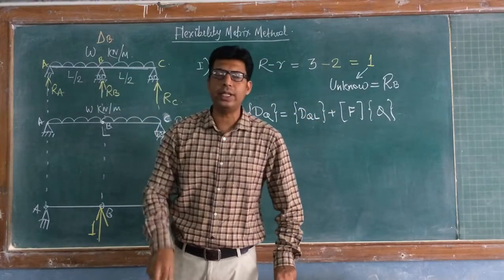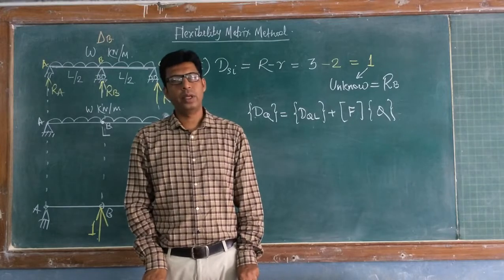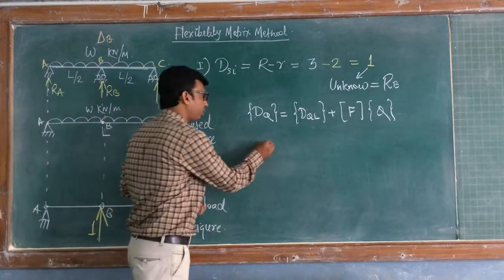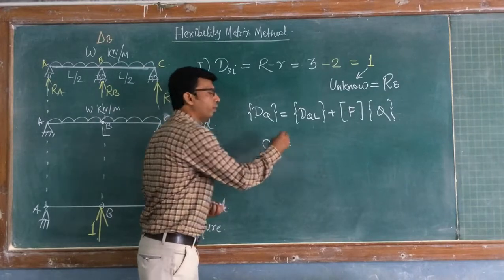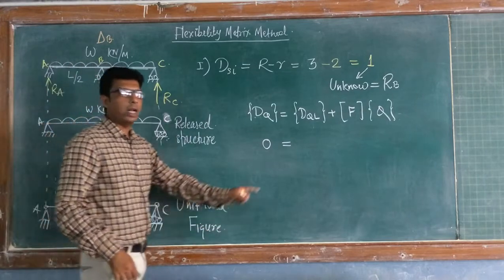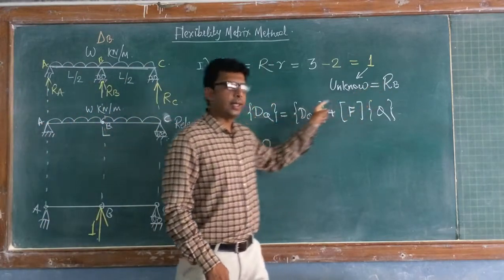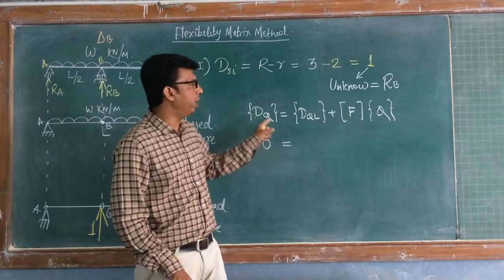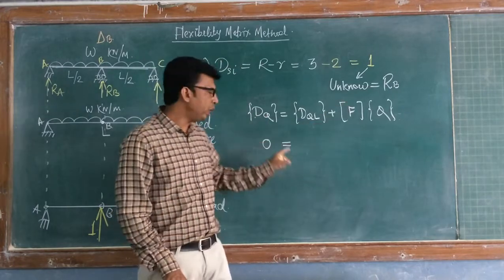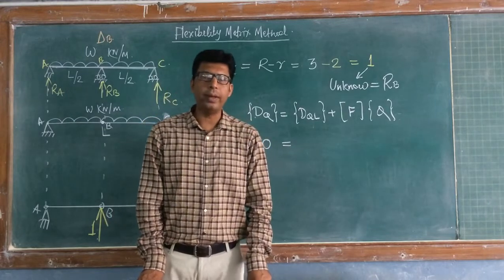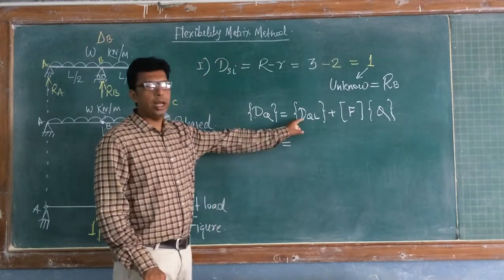In this problem there is no sinking or initial displacement given at point B, so dq is equal to 0. Since there is only one unknown, the size of all matrices will be 1 by 1, so no need to write in matrix form, we can simply write 0 is equal to.